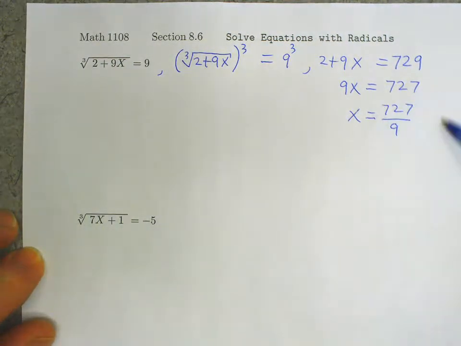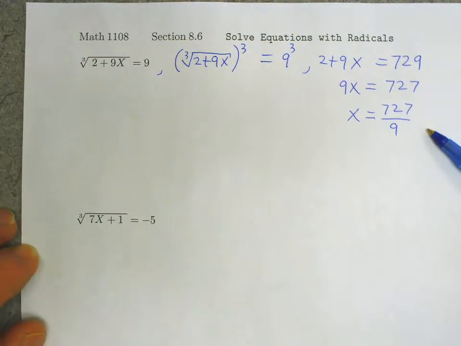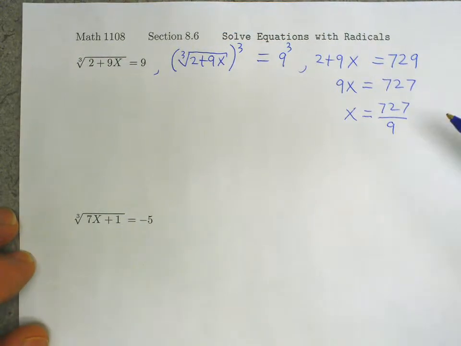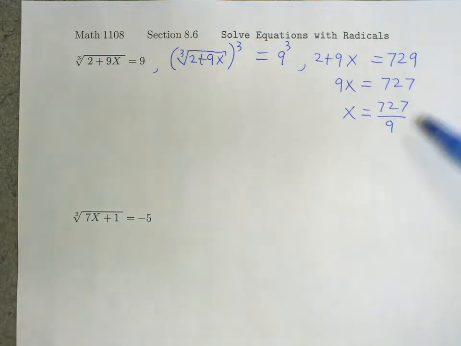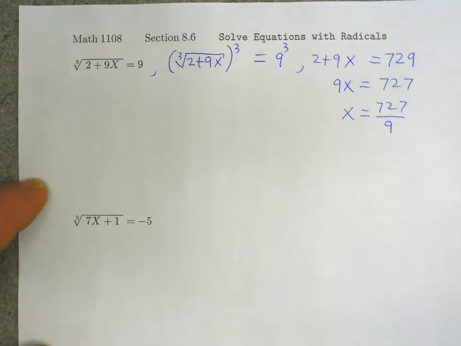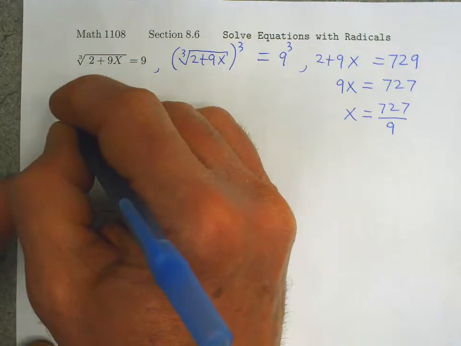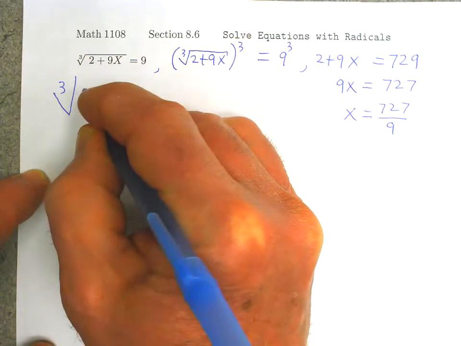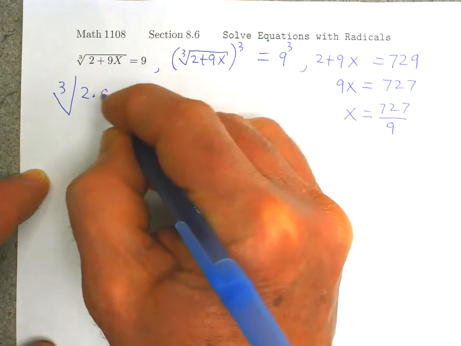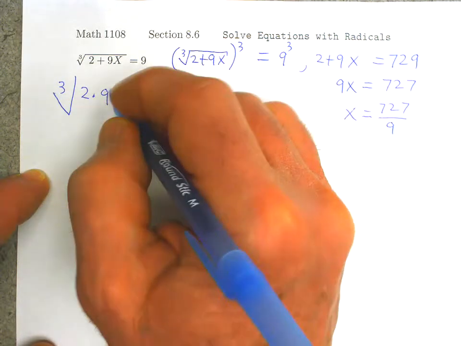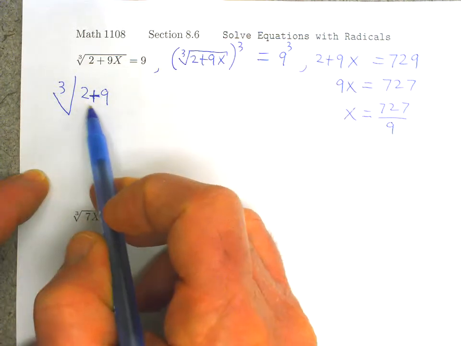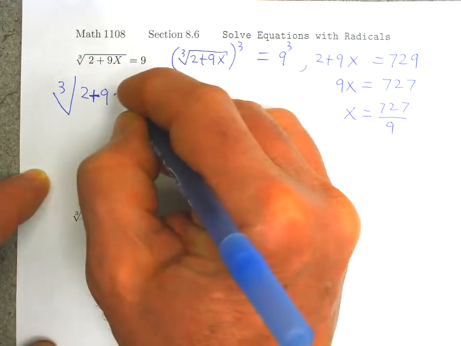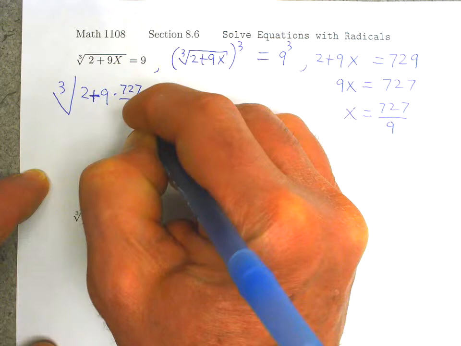This number is written as an improper fraction, and that's fine. It's a perfectly fine answer. But this fraction cannot be written in lowest terms. Okay, so if you check, this one doesn't take long to check. Just replace x with 727 over 9. So inside we have 2 plus 9 times 727 over 9.